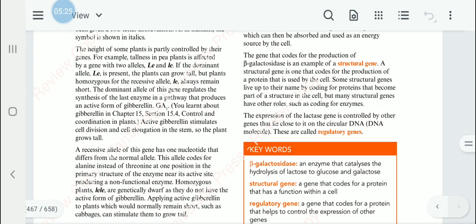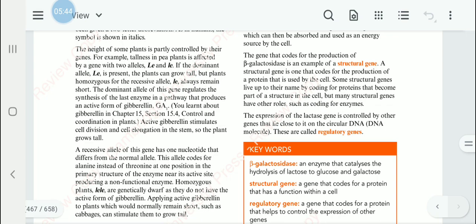As a result, homozygous plants, simple L simple E, simple L simple E, are genetically dwarf because they don't have the active form of gibberellin, which is a result of the formation of a non-functional enzyme.